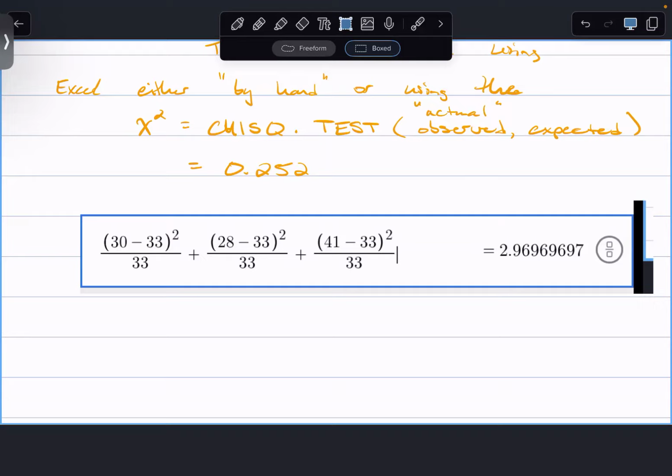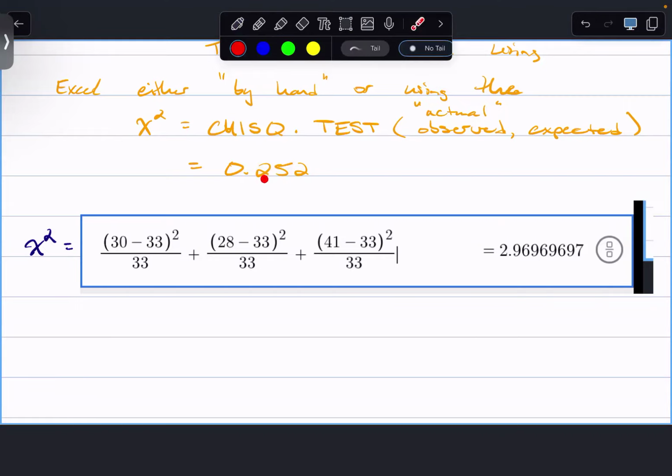I'll have to play around with that. But our chi-squared is going to be 2.97, and that's our test statistic. I wonder if this is giving the tail area.